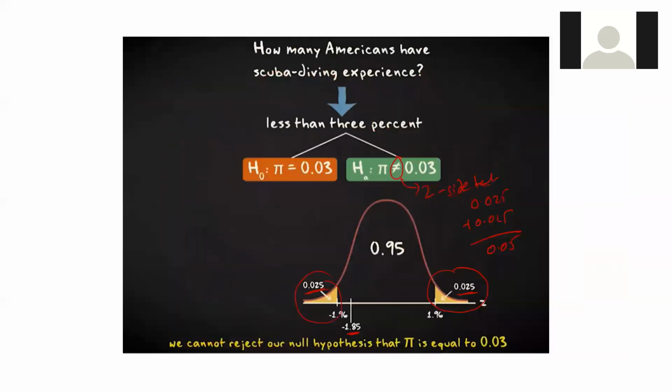But if we check both sides, then your minus 1.85 does not fall in the rejection region, because your probability changes from 0.05 to 0.025 on both sides. We don't reject our null hypothesis, and we assume this assumption is correct, that the population proportion is 0.03.